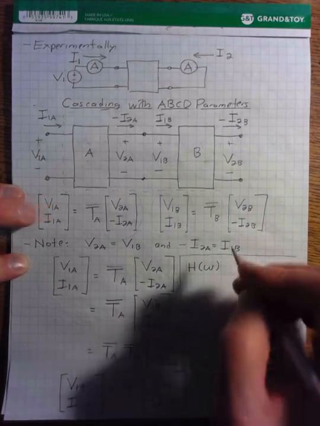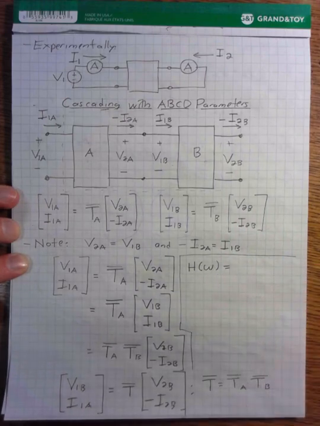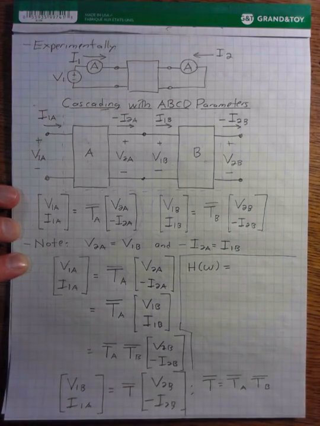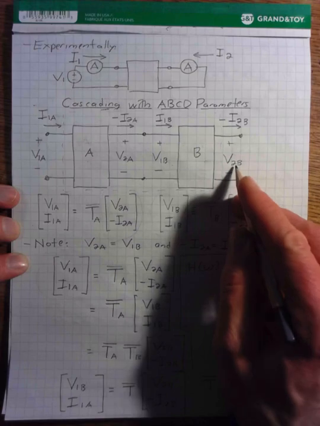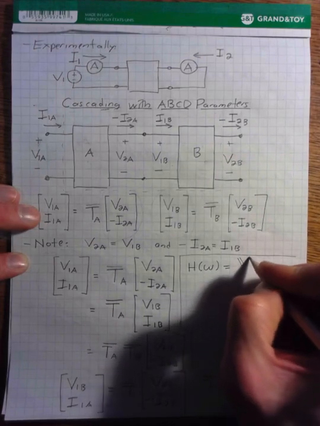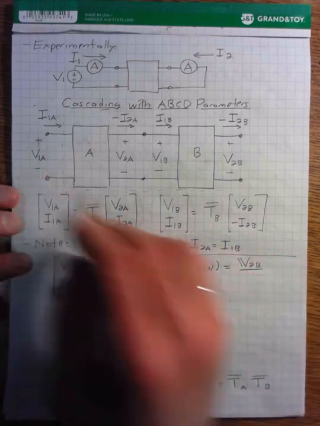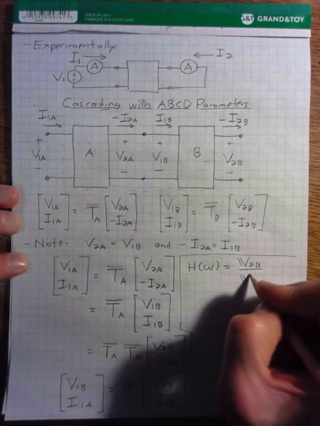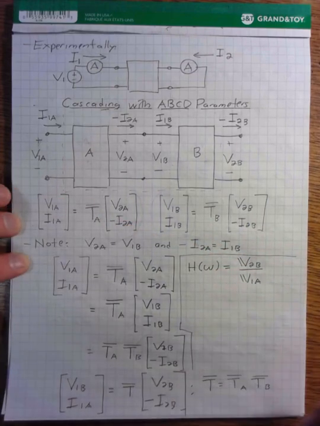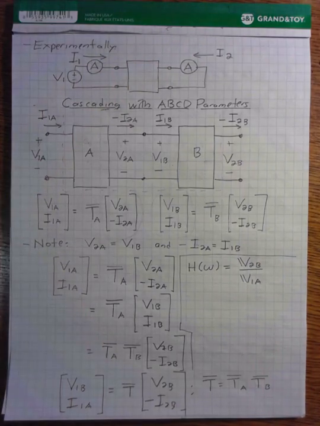Our voltage transfer function, H of omega, if we think in terms of phasors again, would be equal to our output voltage, in this case V2B, divided by our input voltage, in this case V1A. Right? And so this is what we want to use our ABCD parameters to do.